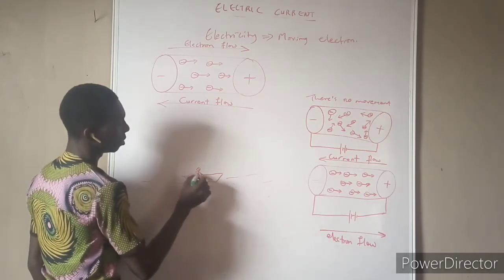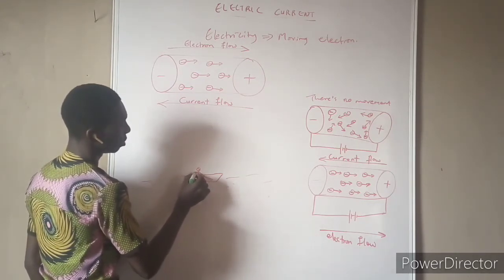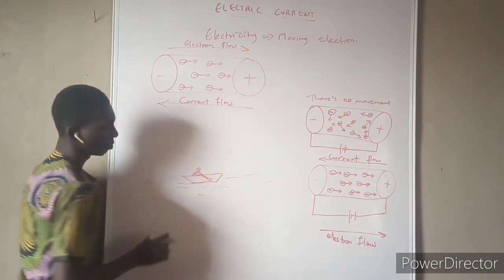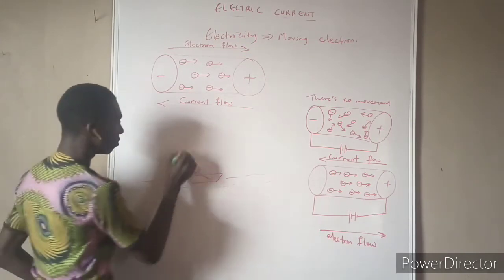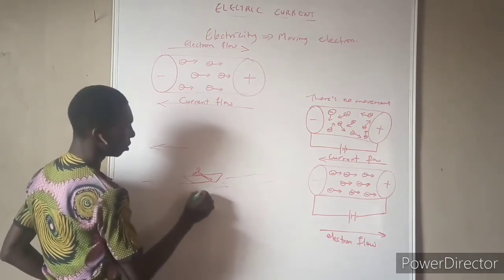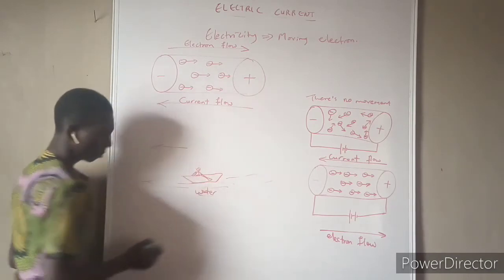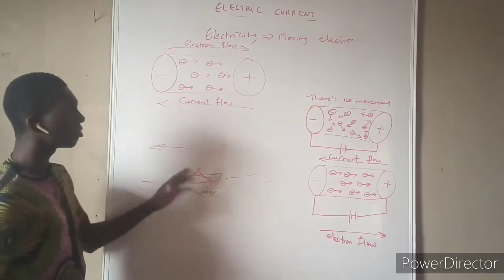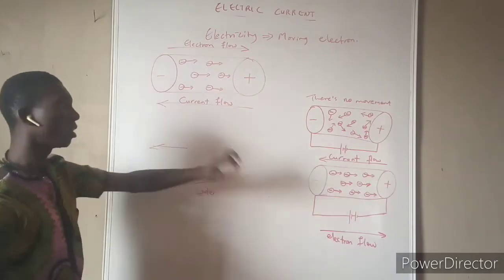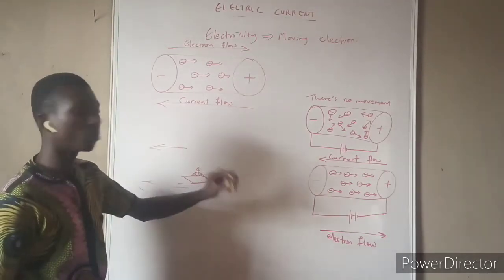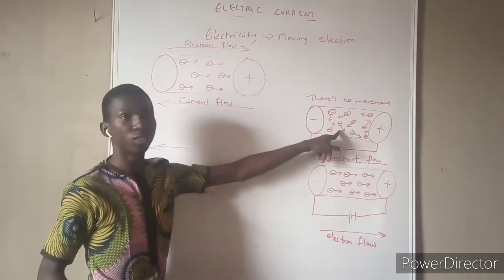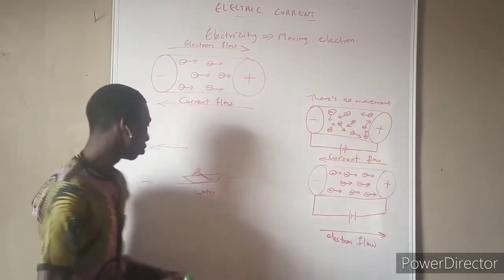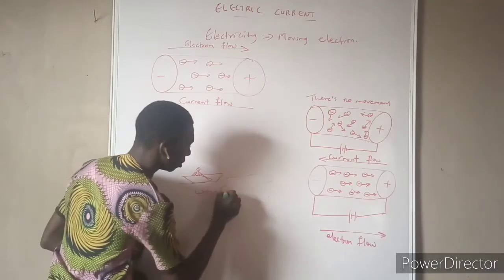This is the first paddle, and the second one is on the other side. Now you want to move in this direction, and this is water. Mind you, when we were doing the analogy, water was representing electrons. I said the water in the pipe will be moving anywhere, same thing as the electrons in the conductor that is open will also be moving anywhere. So in this case, this water is representing the electron.